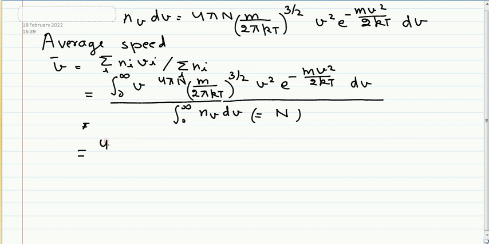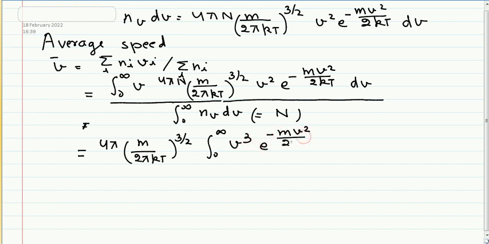So 4 pi, and then m upon 2 pi kT to the power 3 by 2, and the integration 0 to infinity, then this v and this v square make v cube, e to the power minus m v square upon 2 kT into dv.